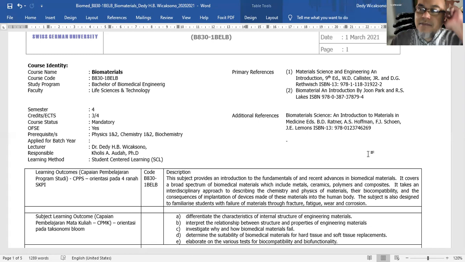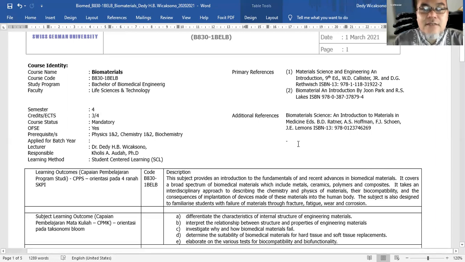Then the elective subject you choose from three different subjects, which can vary from batch to batch. The last three options were algorithm and data structure, then biomechanics, and the other one I forgot what it is.